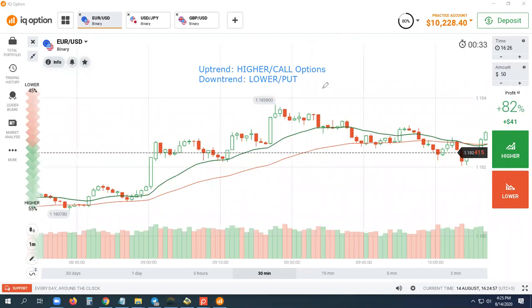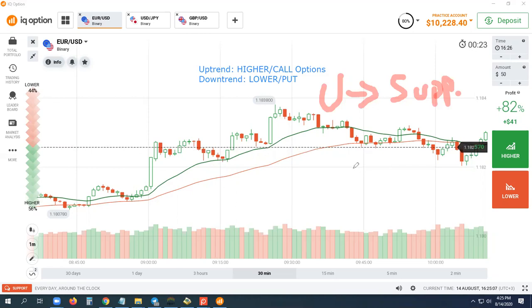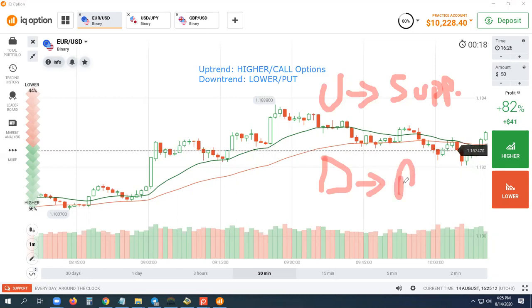In an uptrend, you trade at support. You don't trade at resistance. You trade at support always. In a downtrend, you trade at resistance. Please confirm that point is correct, because that's how we will proceed from here.